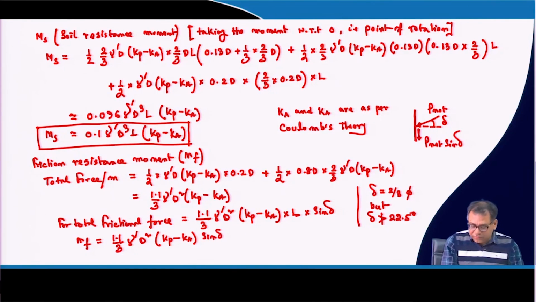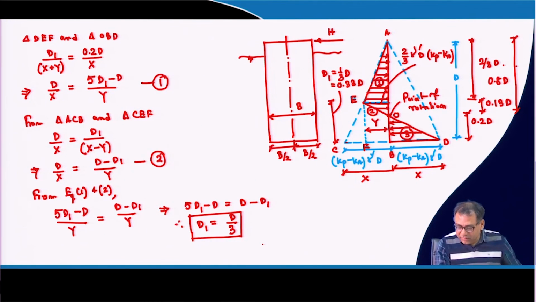This is the total frictional force. So, the moment will be into sine delta into L, this force 1.1 by 3 gamma dash d square (Kp minus Ka) sine delta L, into B by 2, because this is acting at the side, where this friction force is acting.